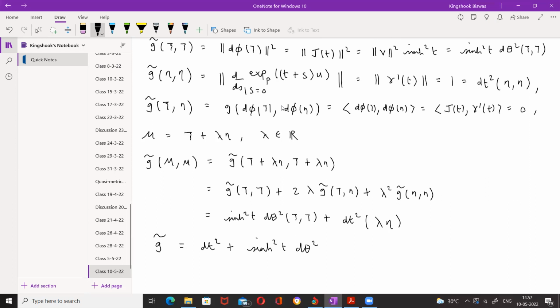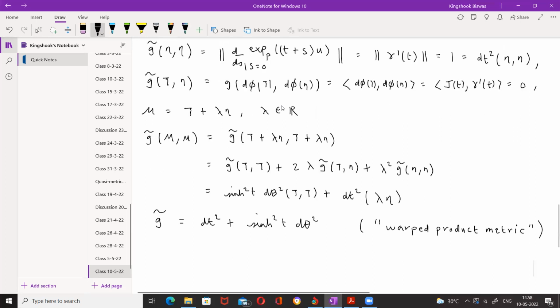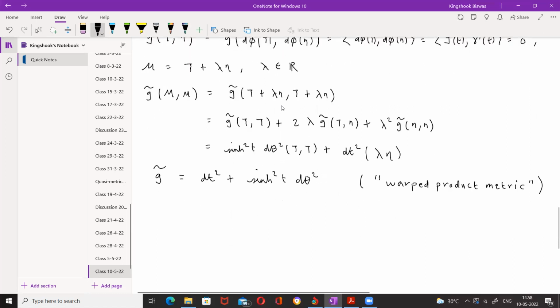So this is what's called a warped product metric. It's a metric on a product space. In this case, the product is of the sphere with the interval, S^(n-1) cross (0, infinity). What you're doing is warping the spheres.